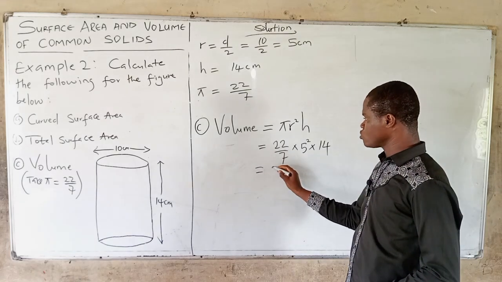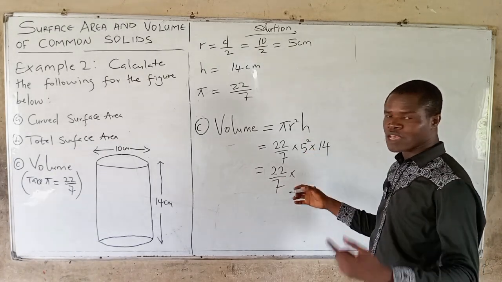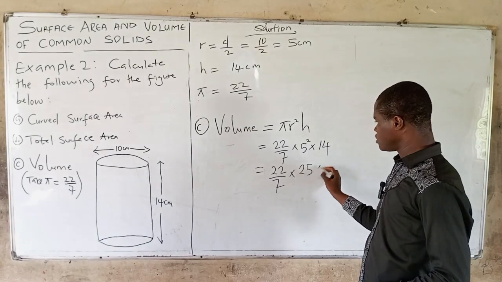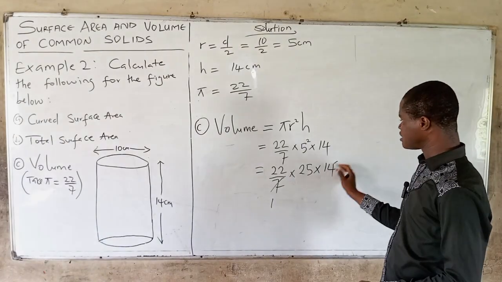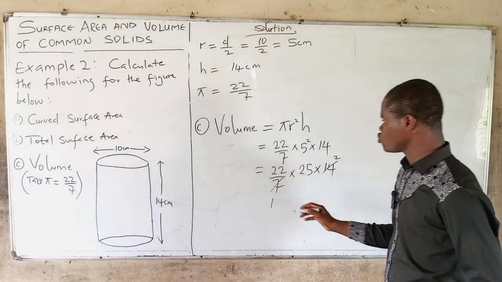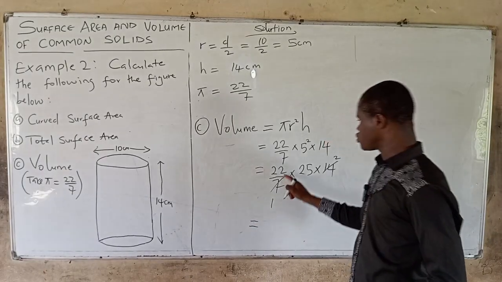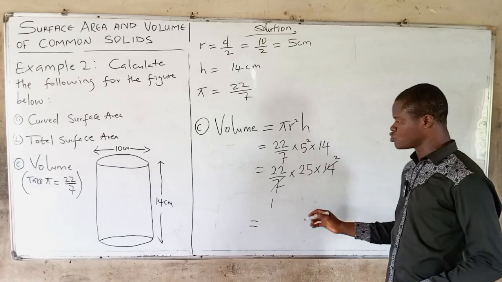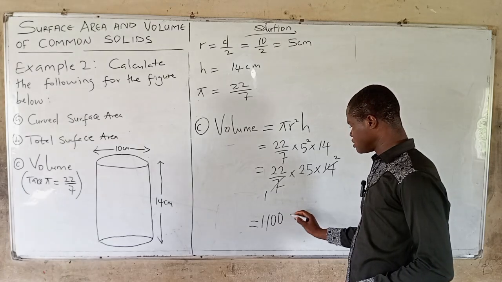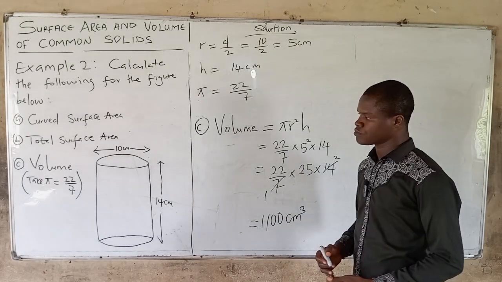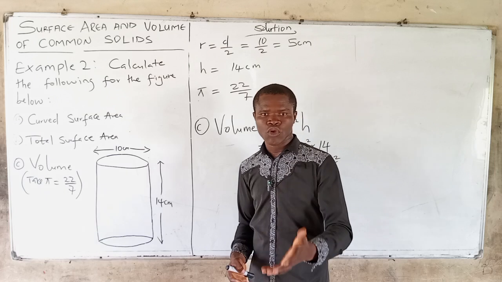So this is equal to 22 over 7 times 5 square. 5 square is what? 25 times 14. So in this case, 7 go here, 1, 7 go here, 2. So we are left with 22 times 25 times 2. Our answer is going to be 1,100 centimeter cube.